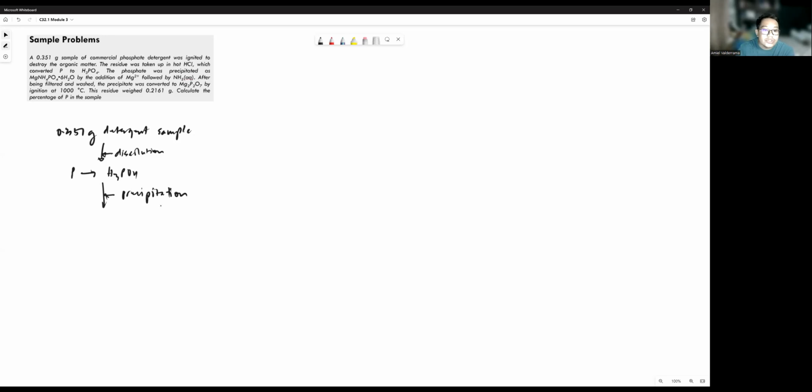Yung precipitation natin is done by the addition of Mg2+ and ammonia. So ang form natin ngayon will become MgNH4PO4·6H2O. Okay? And after precipitation, a series of procedures are done. And lastly, it was ignited. After ignition, the final form of your ash is in the form of Mg2P2O7. And your task is for you to calculate the percentage P in the sample.